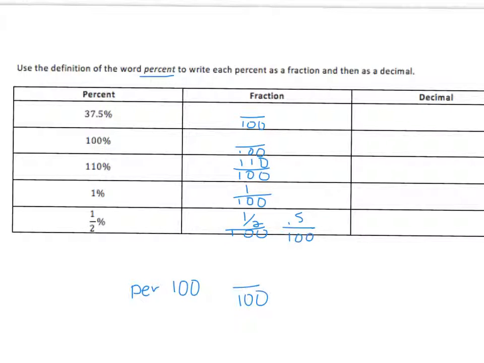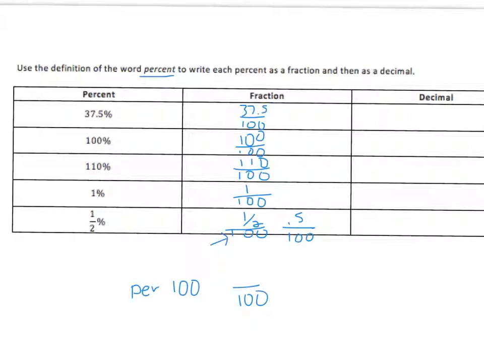And this would be 100 hundredths, and this would be 37.5 hundredths. Now again, generally we do not leave fractions or decimals in the numerator, but for our purposes, we're just trying to use that definition of per 100.